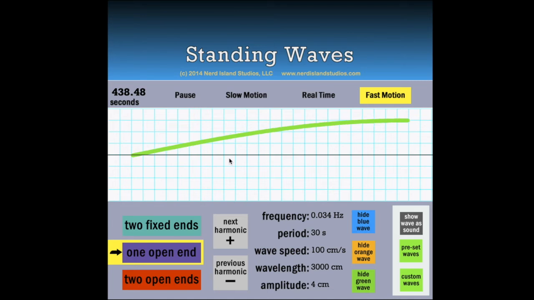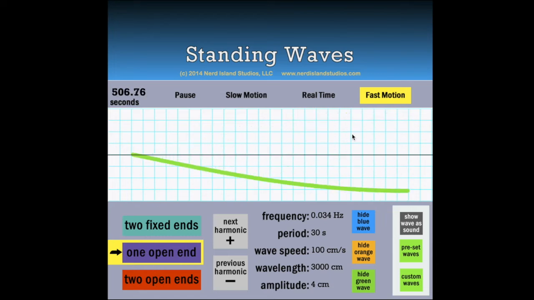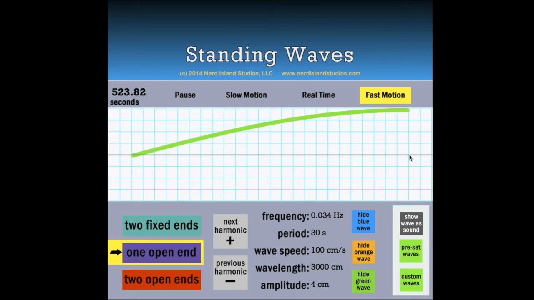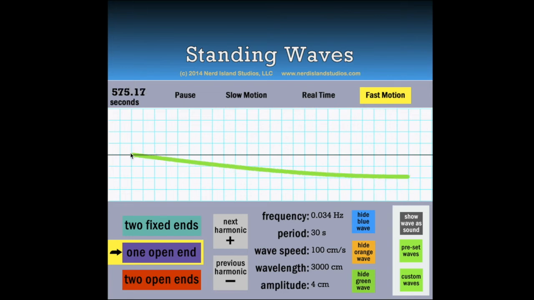Well, I'd have to take this distance from here to here, and I'd actually have to take it times 4. See, that's a difference. On the two fixed ends and the two open ends, I took the distance from here over to here, and I multiplied by 2 to get a full wavelength. But for a closed tube, like this is, I'd actually take this whole distance of this tube or whatever times 4 to get the full wavelength.